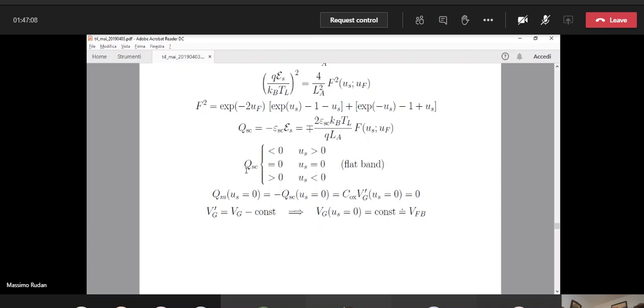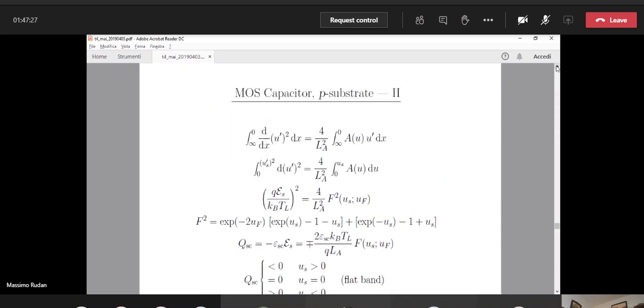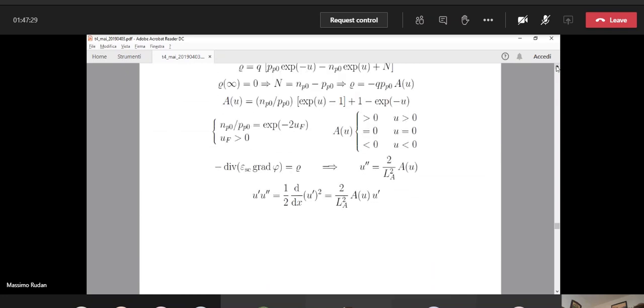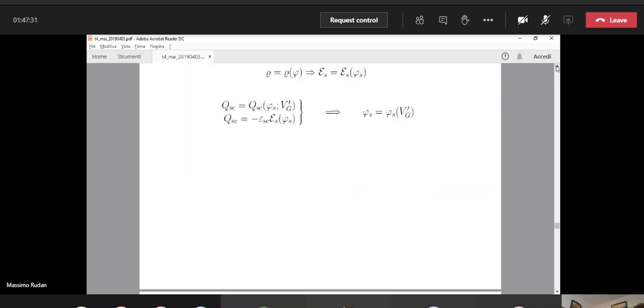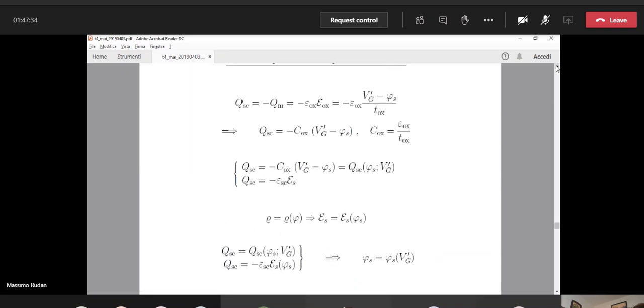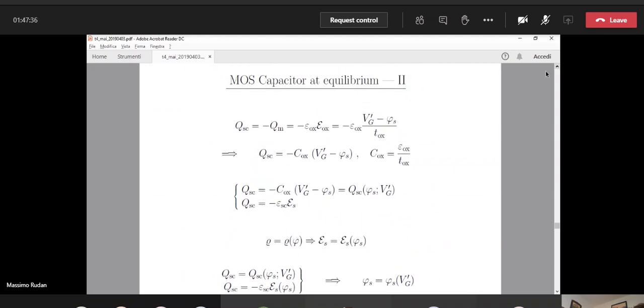Now the question is, what is the applied voltage such that we have the flat band condition? Now, if you consider this relation here, that is fully general, okay?